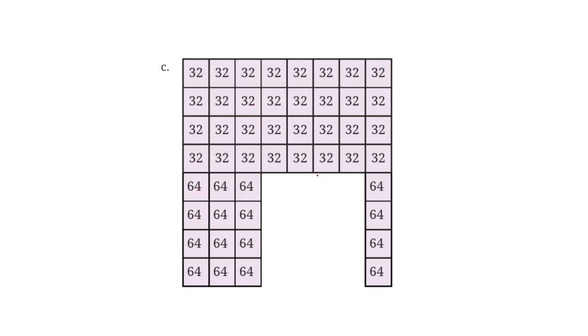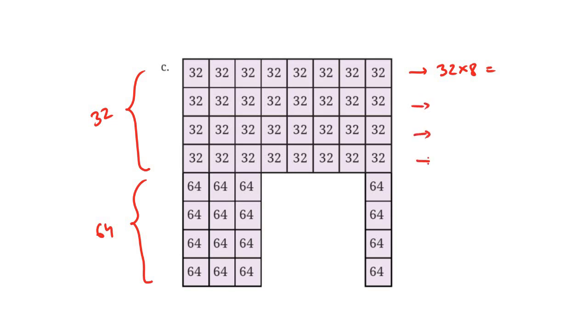So 8 columns and 8 rows, but this side there is only 32, and this side there is only 64. If you do the addition, it will be just 32 into 8 and all that, and the result will be the same for each of them.